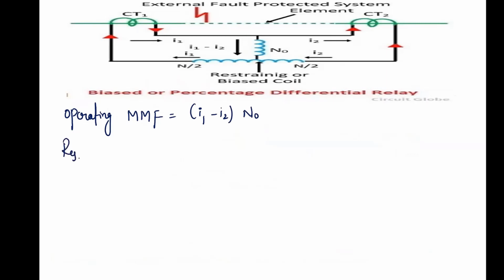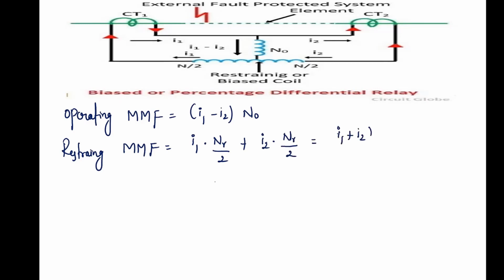Restraining magnetomotive force, or MMF, is equal to the current flowing through it. Half of the restraining coil is carrying I1 current, so I1 times NR by 2, plus I2 times NR divided by 2. So this is equal to I1 plus I2 divided by 2, times NR. So many ampere turns.